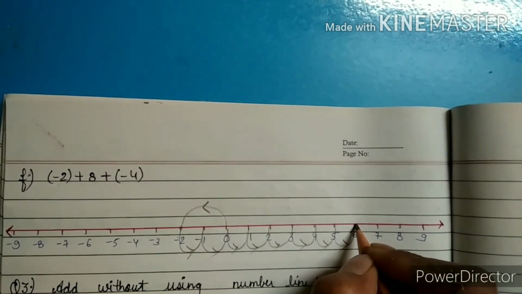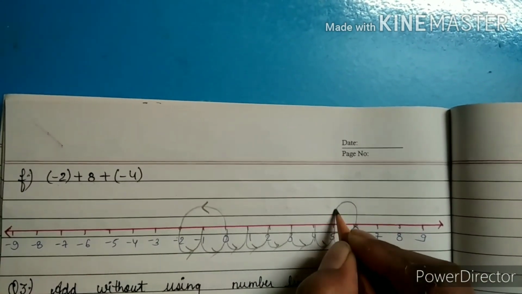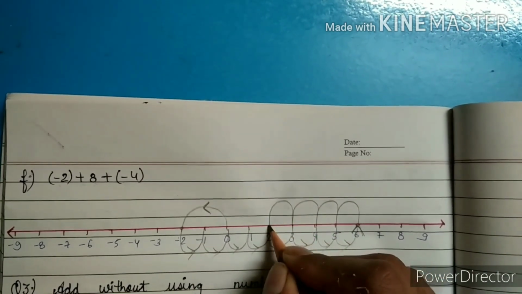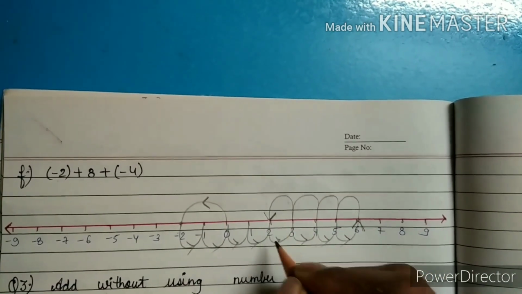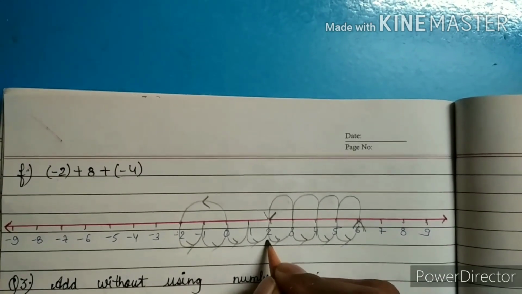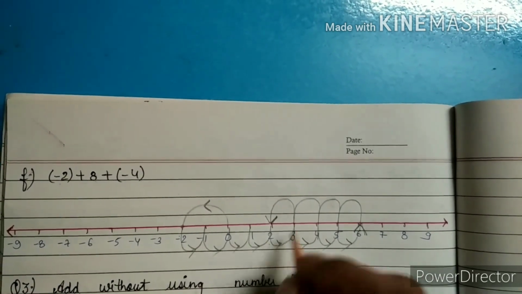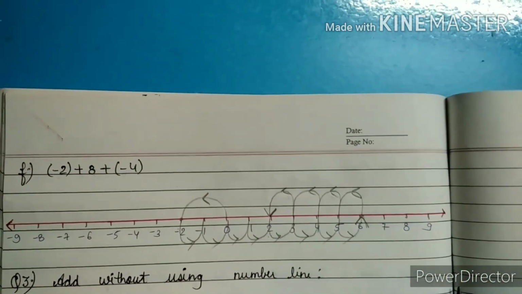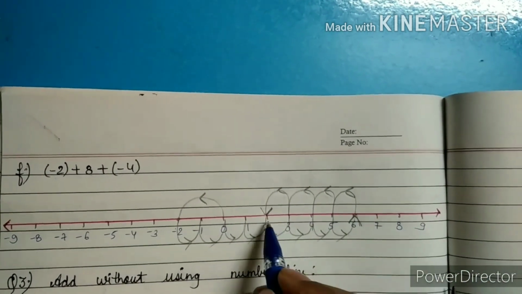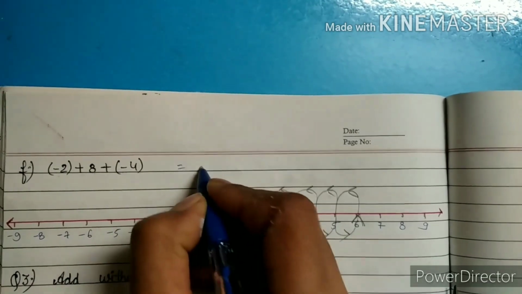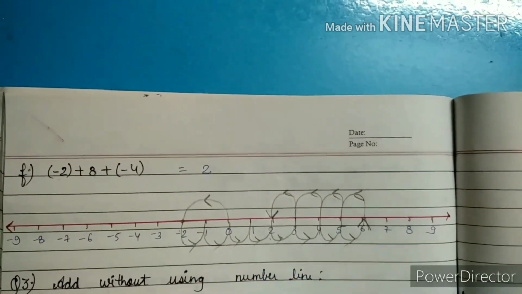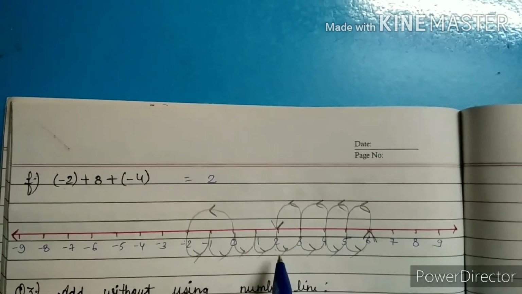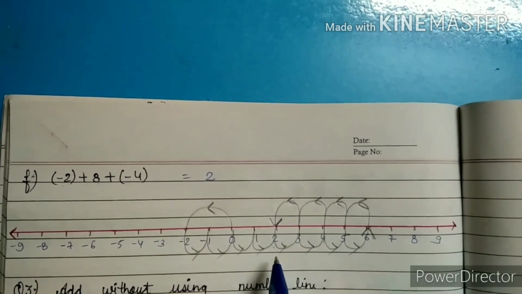So from here we have to go. This is 1, 2, 3 and 4. And lastly we reach 2, that is positive, through the left side. On 2 we stopped, that's why 2 is our answer. So here we completed questions number 1 and 2 of exercise 6.2 of class 6th.